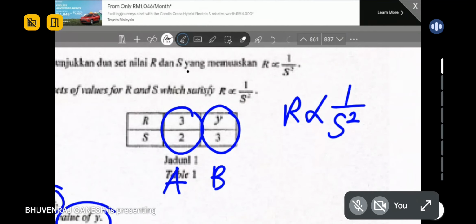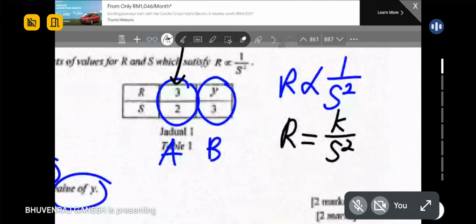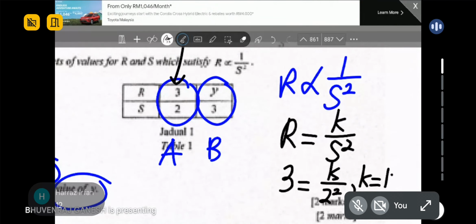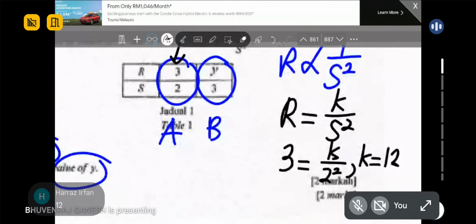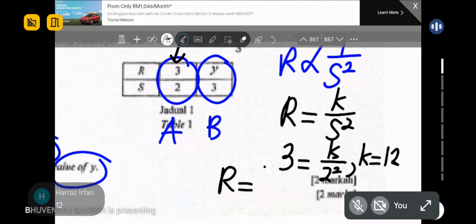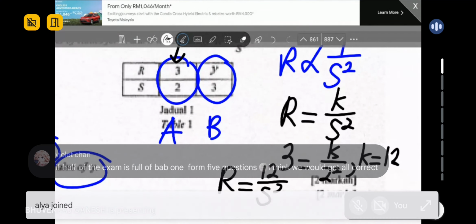Kamu guna yang penuh. R penuh, S penuh. Okay, so you must add the constant, tambah pemalar, and then substitute. R equal 3, S equal 2, so nilai K adalah 12. Am I right? K equal 12. So I write back R equal to 12 over S square.